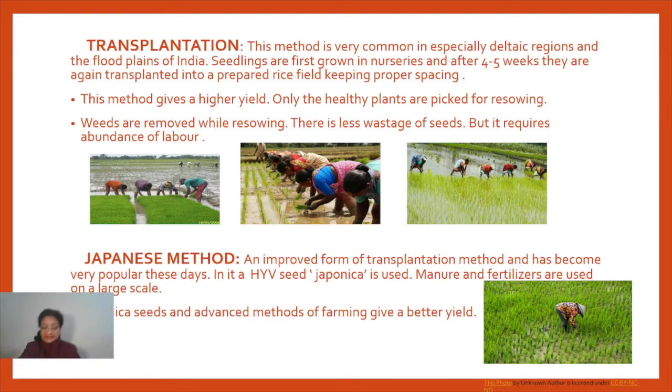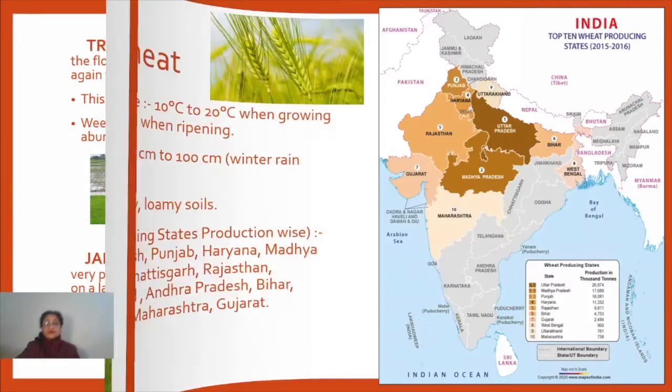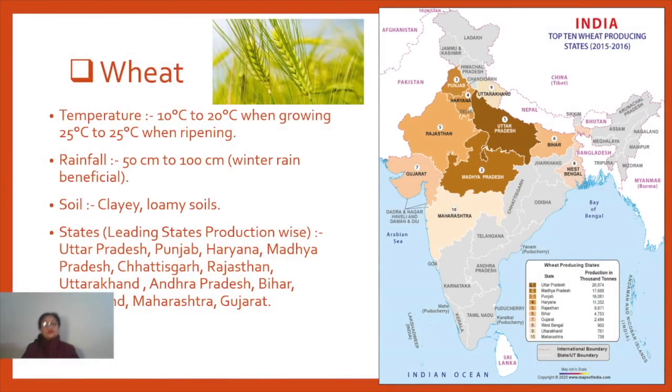Now the next thing is the next food crop, that is wheat. When we talk about wheat cultivation, wheat is another crop covering a large area in India. But one thing you should keep in mind: rice is a kharif crop, but wheat is a rabi crop.